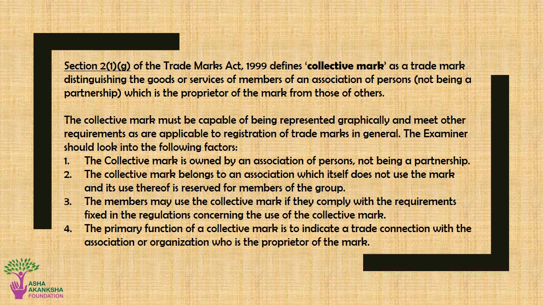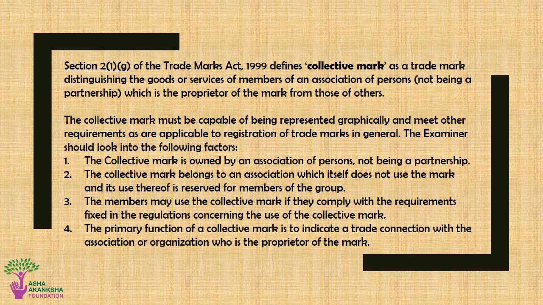Section 21G of the Trademarks Act 1999 defines collective mark as a trademark distinguishing the goods or services of members of an association of persons not being a partnership which is proprietor of the mark from those of others. The collective mark must be capable of being represented graphically and meet other requirements as are applicable to registration of trademark in general. The examiner should look into the following factors.